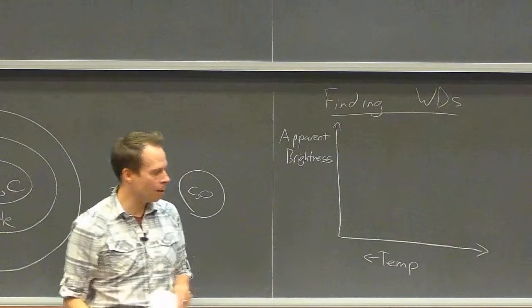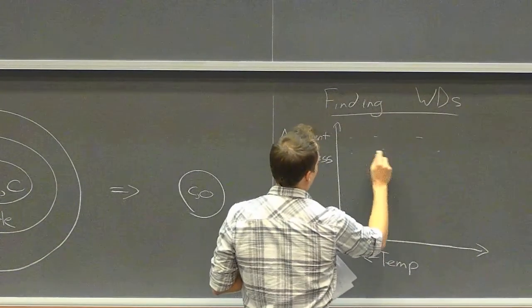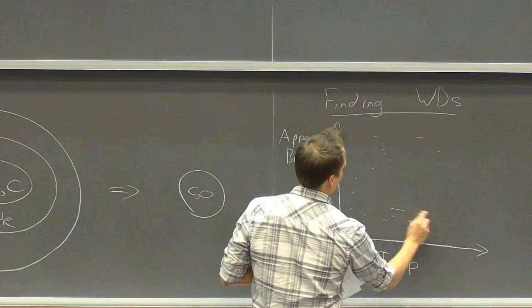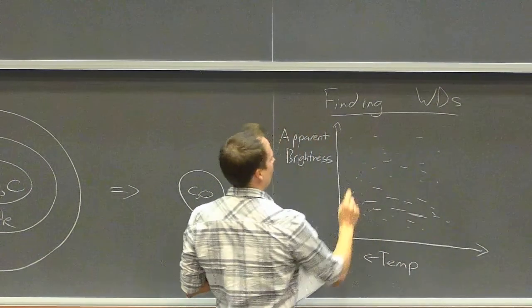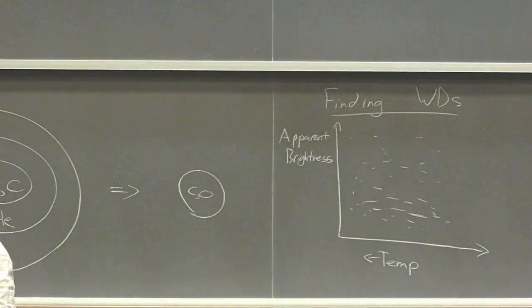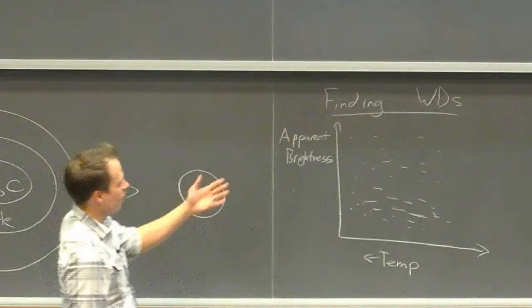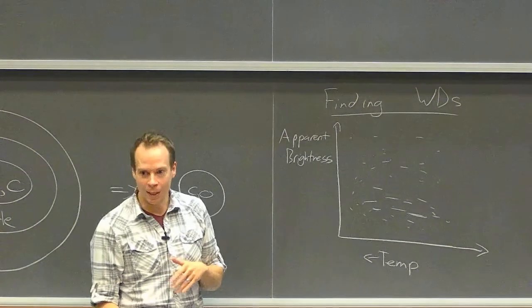And if you just plot their apparent brightness versus temperature, you'd see just a big scatter plot. You'd see a lot of really dim stars down here. You'd see cool stars, hot stars. But basically, they'd be all over the place, and you couldn't interpret anything, right? And that's because some of these stars are near, some of them are far, some of them are bright, some of them are dim, right?